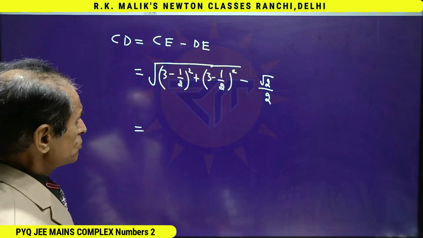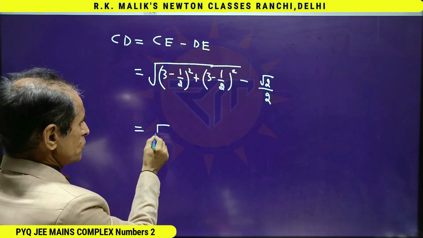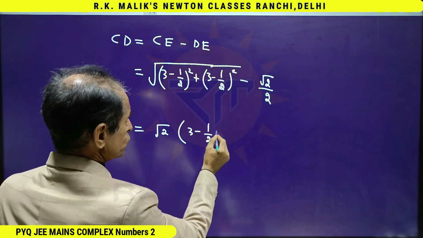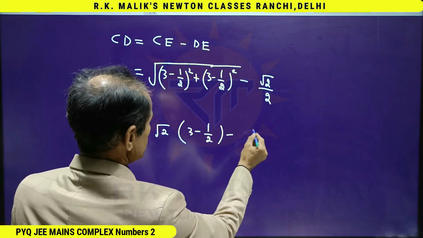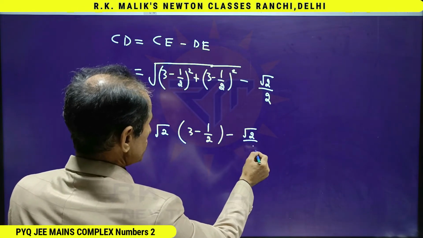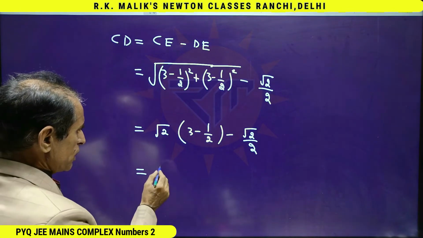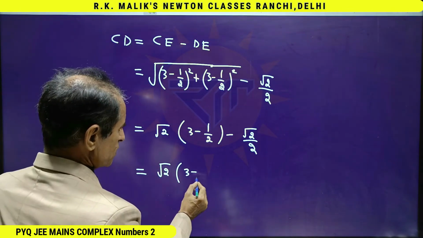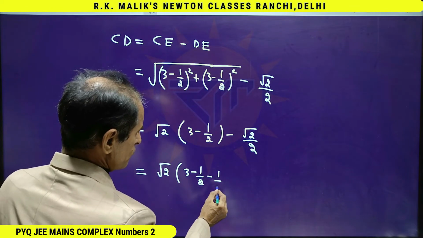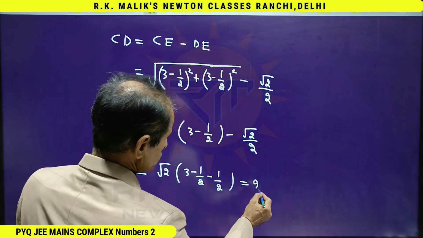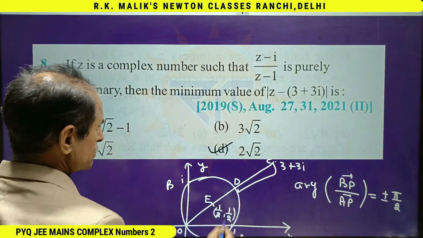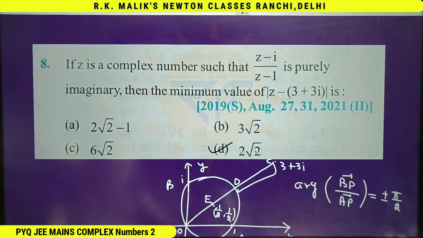This is equal to root 2 into 3 minus 1 by 2 minus root 2 by 2, that is root 2 into 3 minus 1 by 2 minus 1 by 2, that is 2 root 2. Hence I can say D is the correct choice.